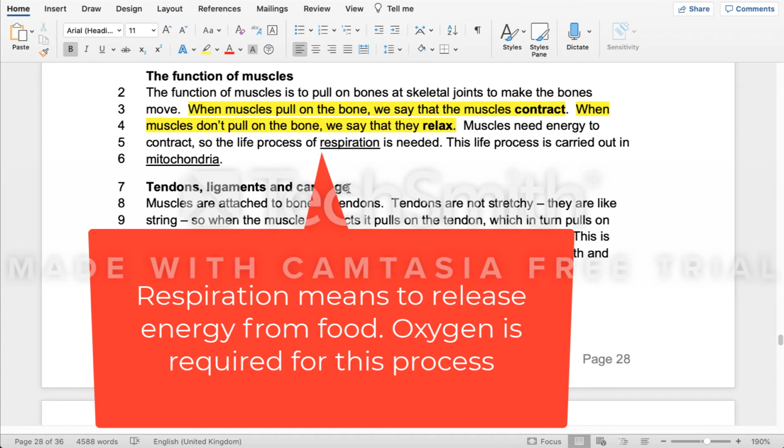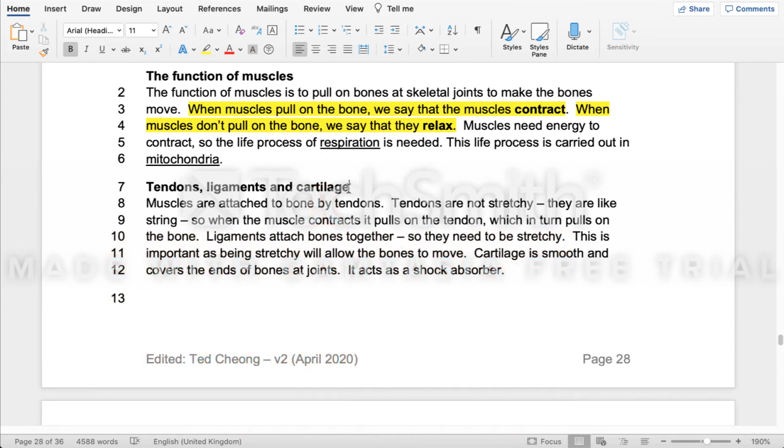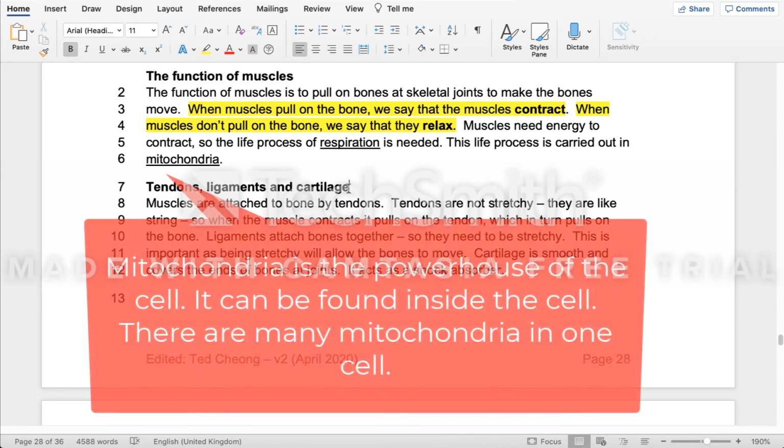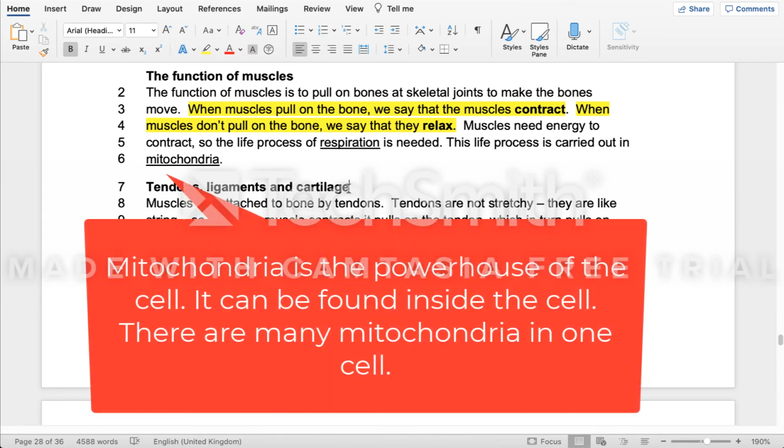And once you have it, the energy combined with the oxygen that you breathe in, you're able to release that energy and utilize it. And this whole process is carried out in the mitochondria. And the other phrase that I want you to memorize is the mitochondria is the powerhouse of the cell. Powerhouse meaning it produces energy.